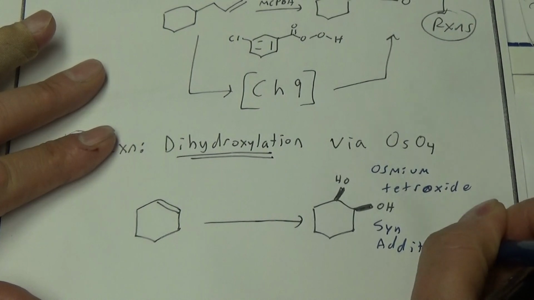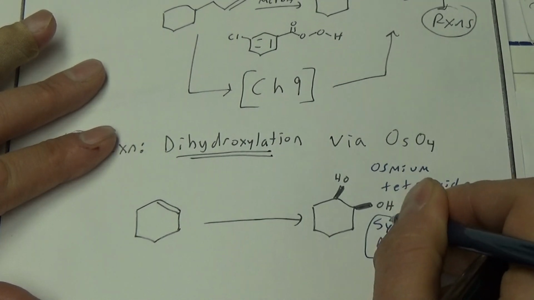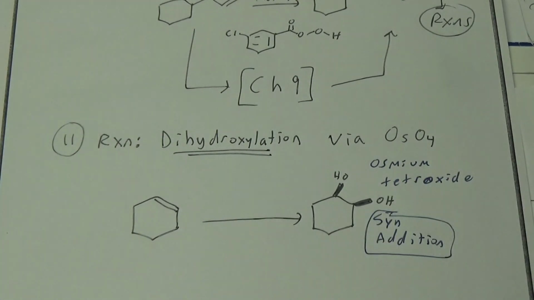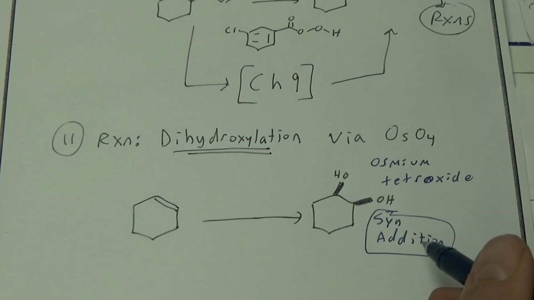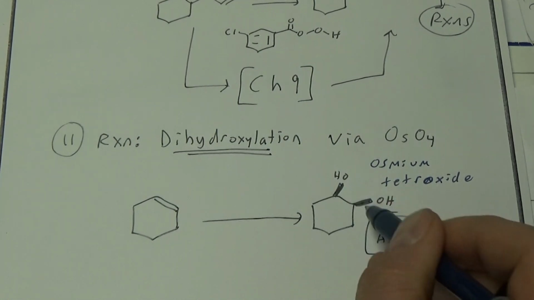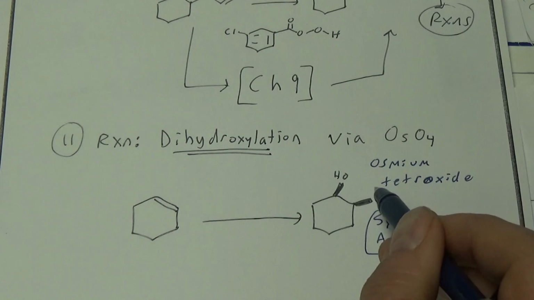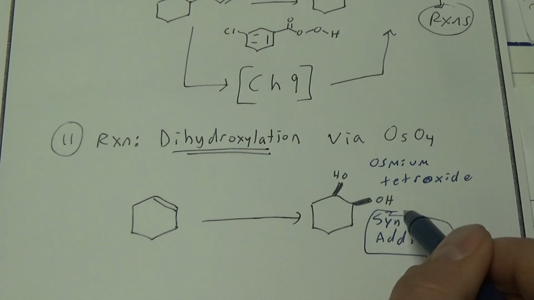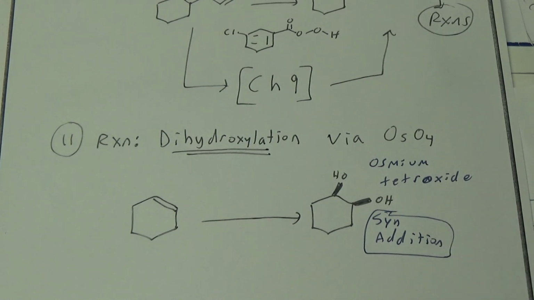The boron thing did this too, hydroboration oxidation. What was it called if it went backward? Like bromine, remember Br2? That was backward. That was called an anti-addition. This is called a syn addition. So syn additions and anti-additions.